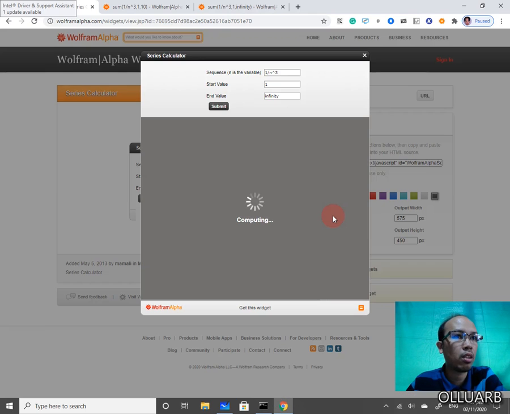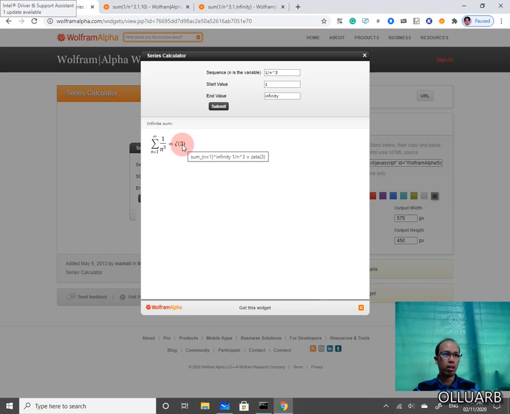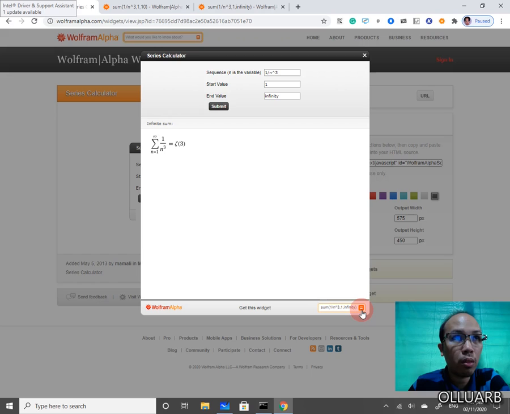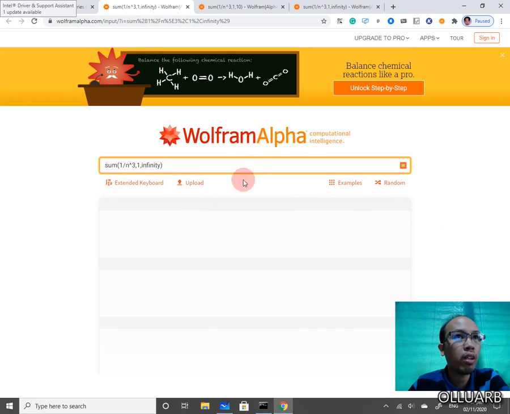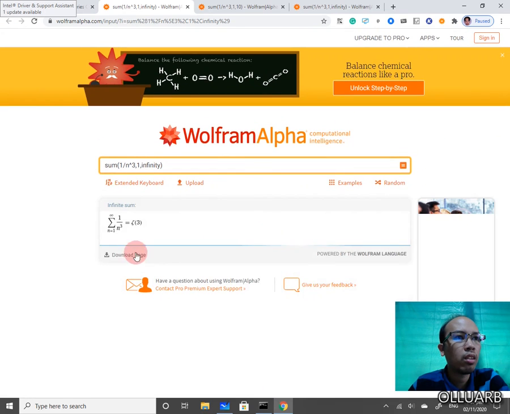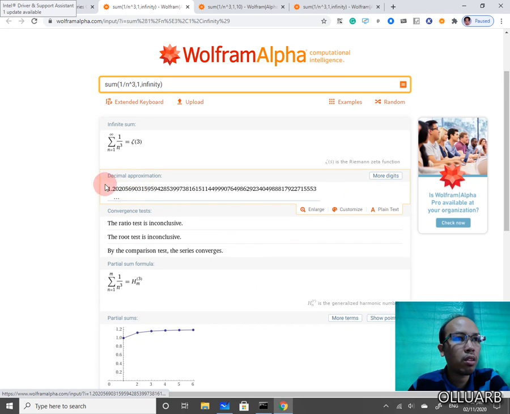So as I compute it in this website, okay, this is the sum. But as you can see, there's no decimal value for this. So all you have to do is to click this button here. If you click this button here, you will see a value here. So the decimal approximation is this one.